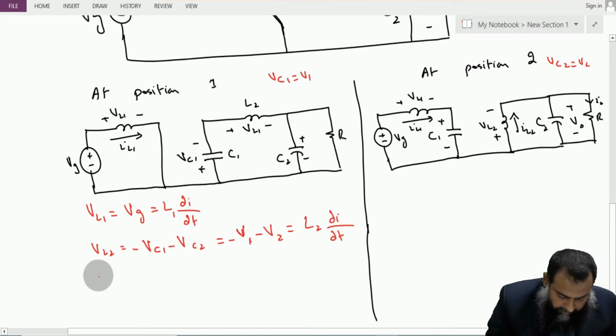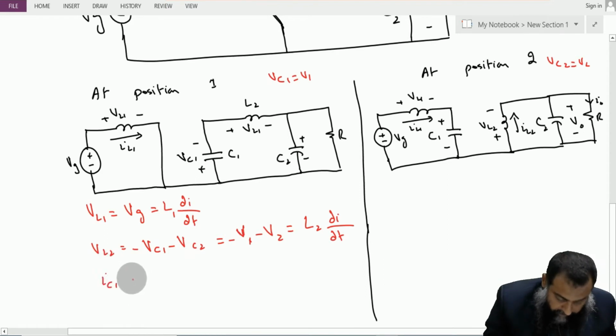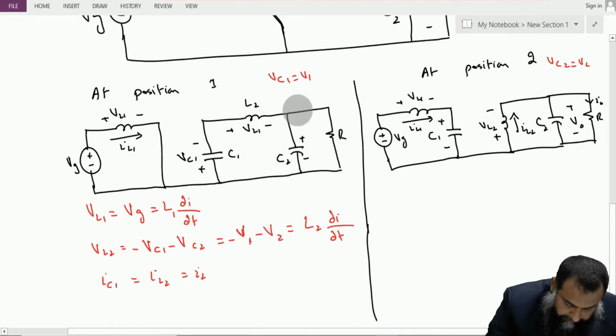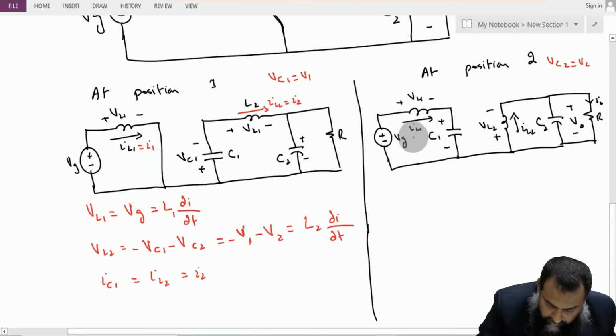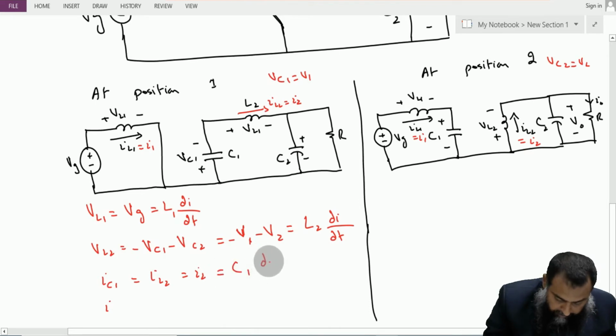The other thing is the IC1. The current through the capacitor C1 is equal to IL2, and that is equal to I2. Let us say that the current here, which was flowing here, this is IL2, is equal to I2, and here we have the current equal to I1. So that is equal to I1, and here we have the current equal to I2. Also this is equal to C1 dV1 over dt.